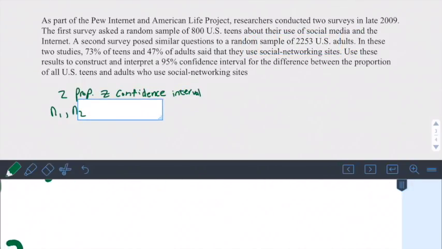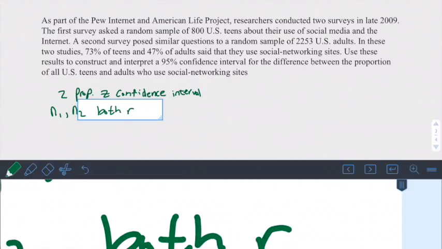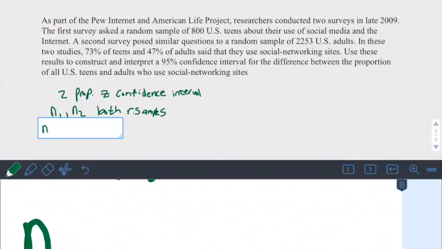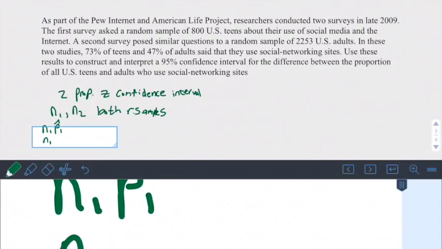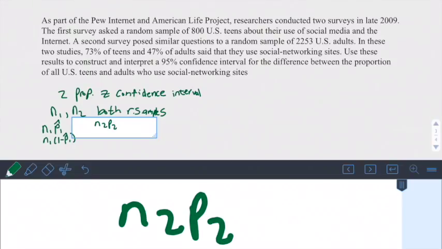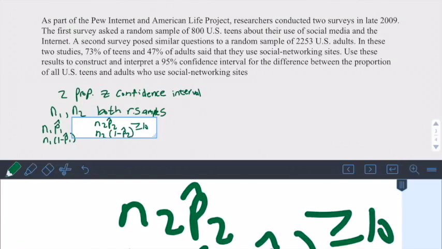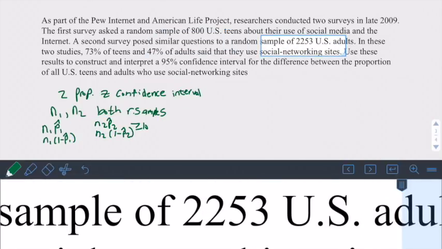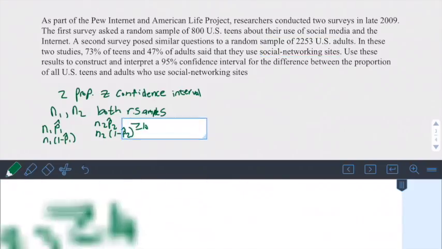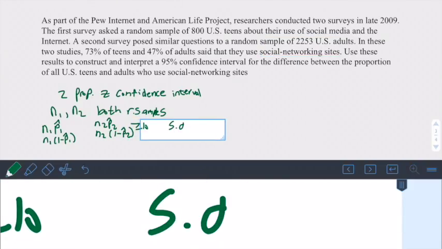So there are both random samples. We need the normal condition. So N1 p hat 1, N1 (1 minus p hat 1) are all greater than or equal to 10. Well, 800 and 2,253, those are huge, so they're definitely going to be normal. So the sampling distribution is approximately normal.